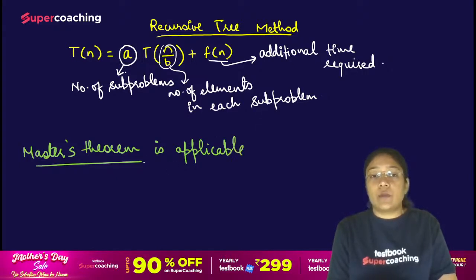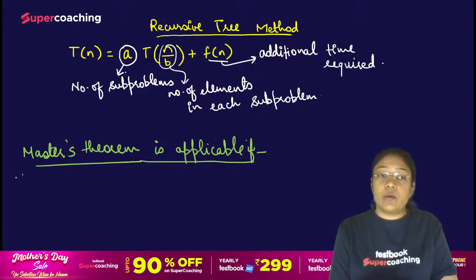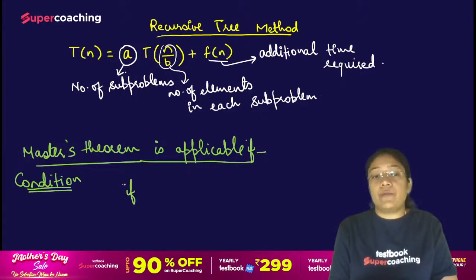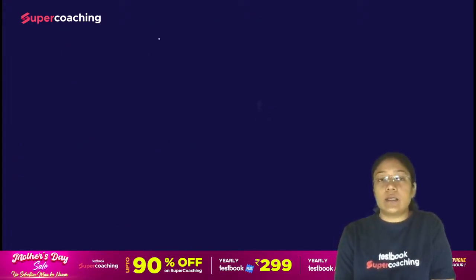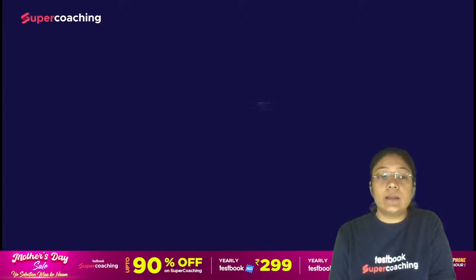Already I have discussed that. So there are two conditions: if A is greater than equal to 1 and B is strictly greater than 1. Okay. So first of all, let's understand the concept of recursive tree method.